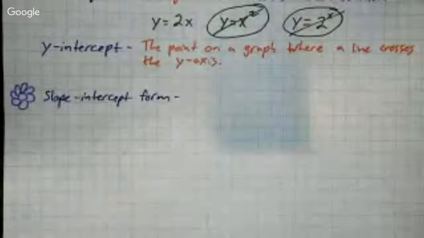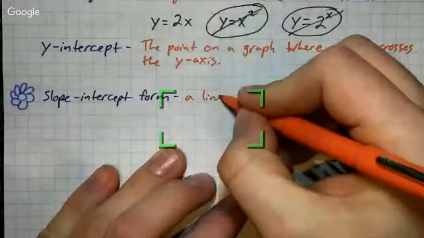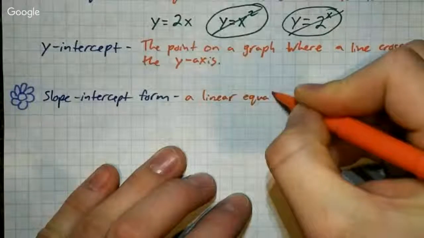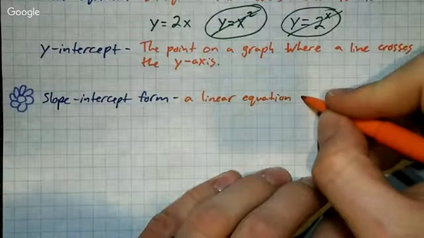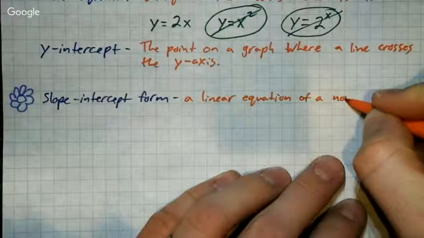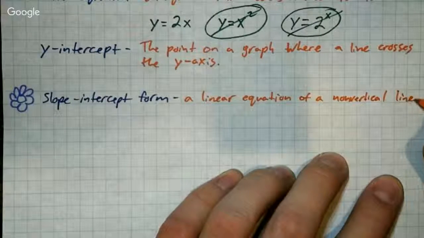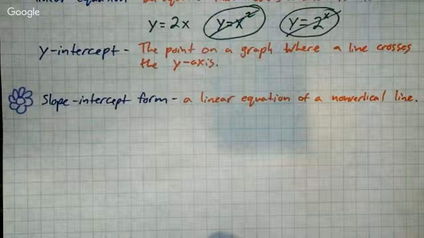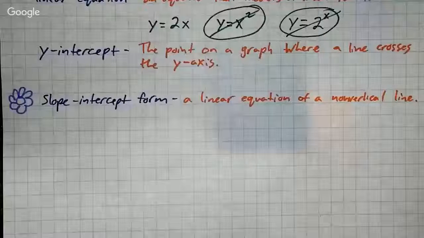So the slope-intercept form is a linear equation of a non-vertical line. So any linear equation cannot be a vertical function.